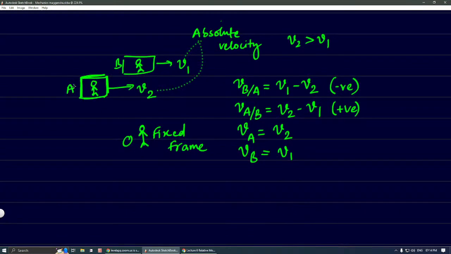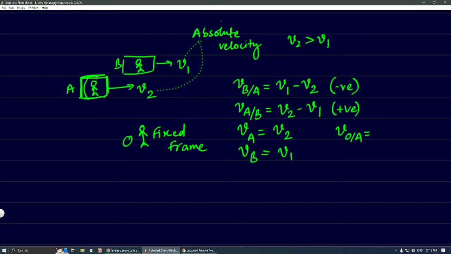And if you want to write, let us say, the velocity of the observer with respect to A, what will this velocity be? The observer is fixed. He is not moving, so his absolute velocity is zero.